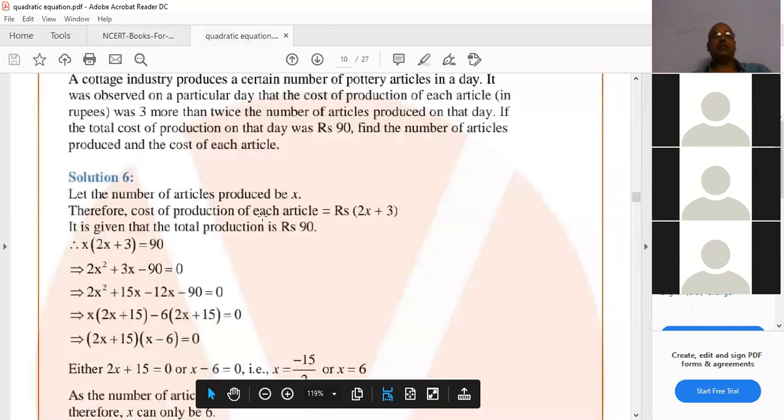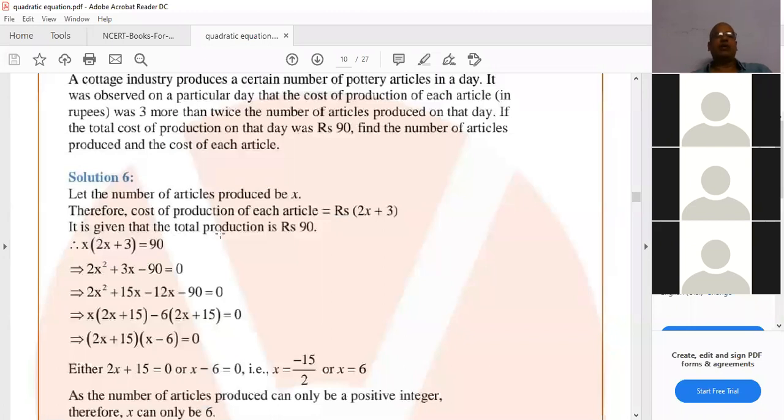Therefore, the cost of production of each article is 2x plus 3 rupees. Then x into 2x, 2x square plus 3x, transpose 90: minus 90 equal to 0.